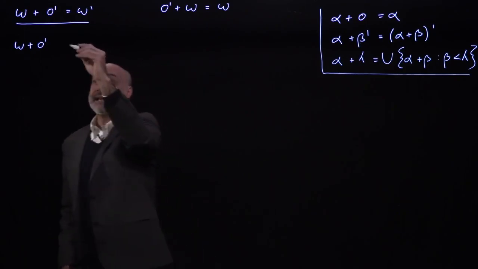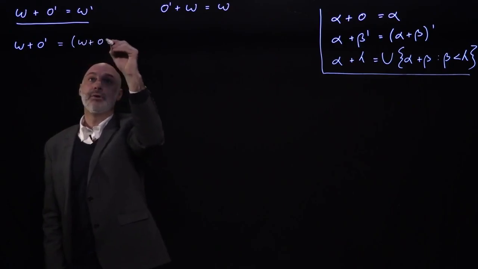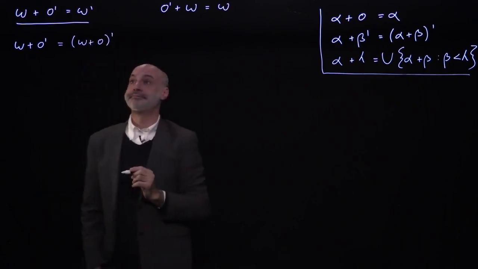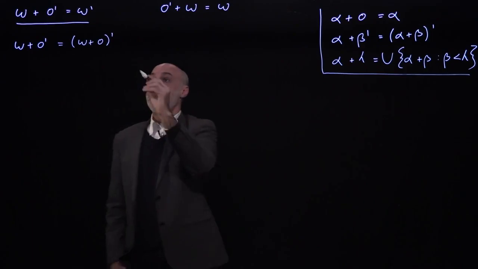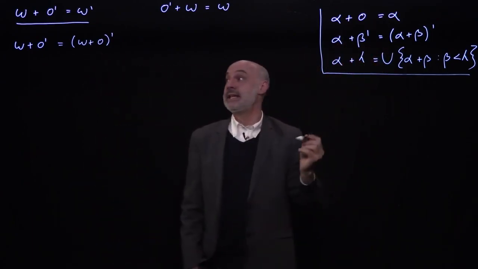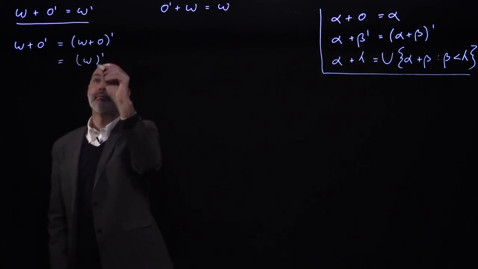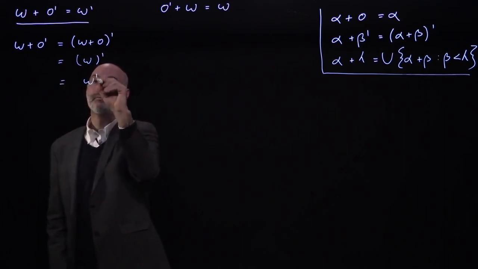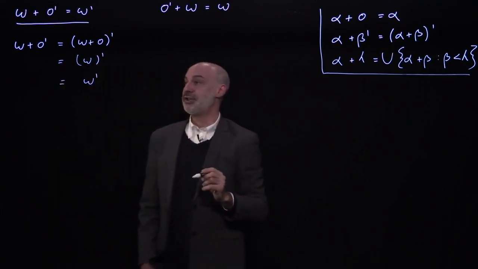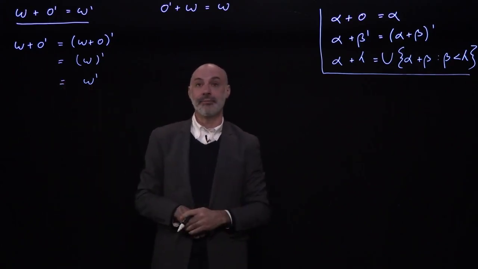So by our second identity, that is the same as omega plus 0 prime. But omega plus 0, by our first identity, is just omega. So we reached our result. Omega plus 1 is just omega prime.